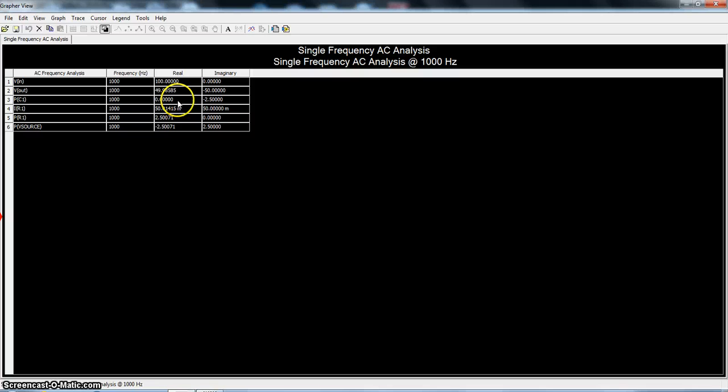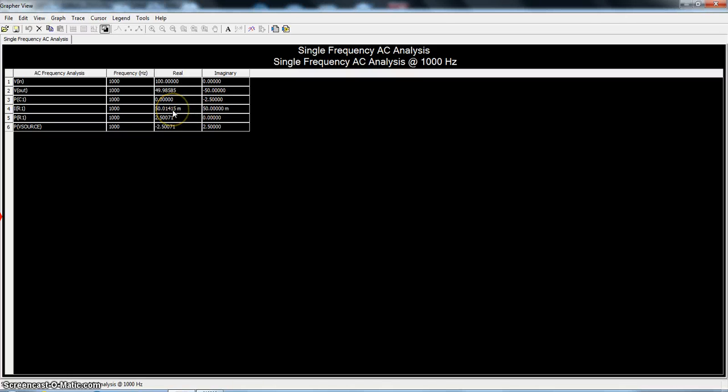For the power with the capacitor, P of C1, we have 0 real part and minus 2.5 imaginary. What that means is that we have minus 2.5, meaning it's capacitive, bars, minus 2.5 volt amperes reactive.